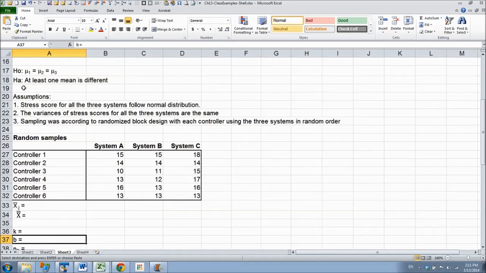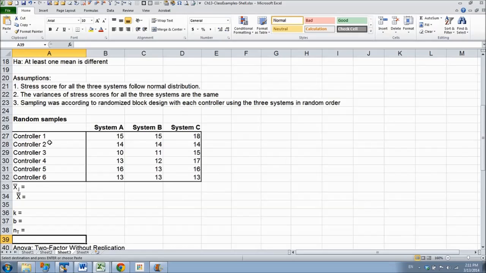And here is the sample. So each controller works in each of the three systems, and the stress and fatigue scores after they have worked in the system are recorded here.